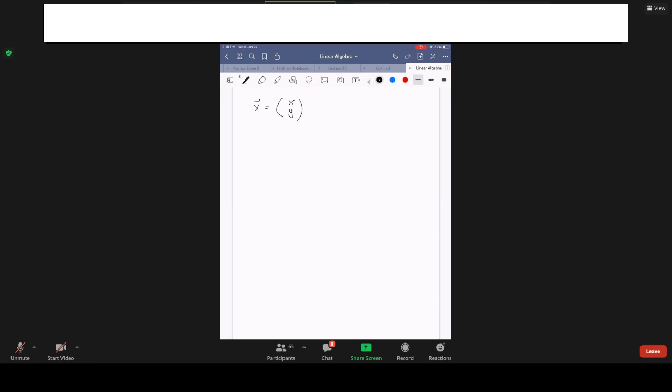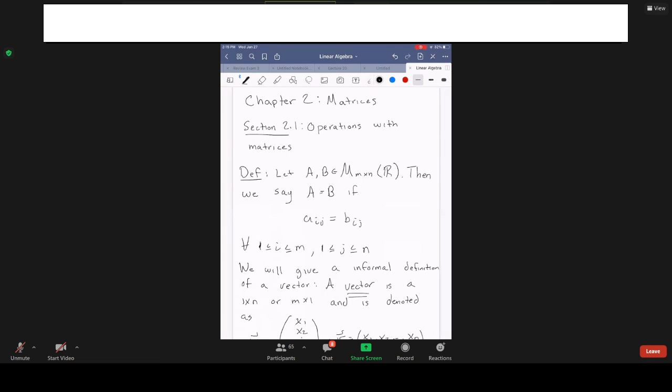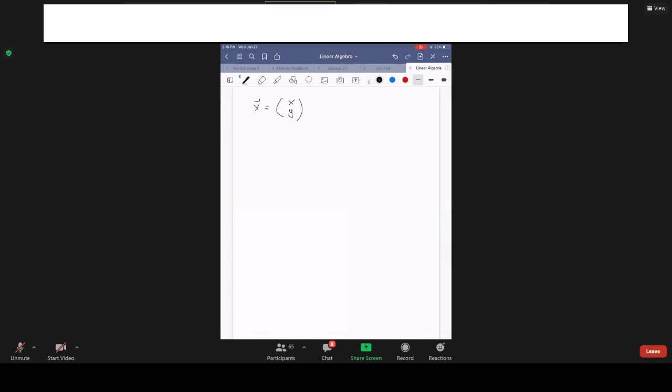So this one has m components, m dimensions, so these are m and n dimensional vectors, respectively.